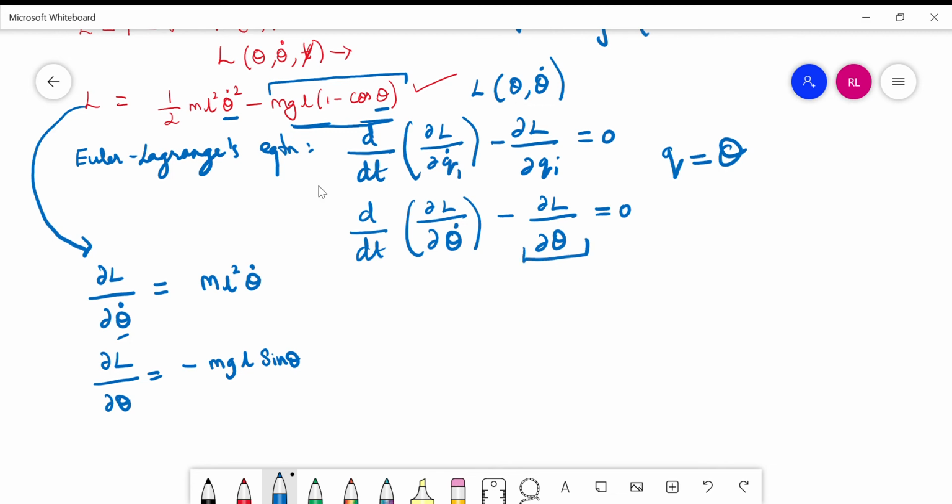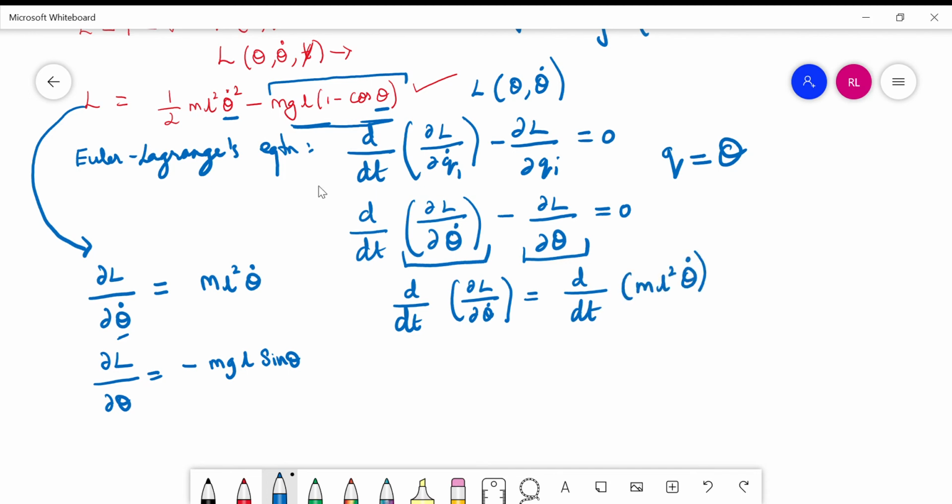We found what ∂L by ∂θ is and what ∂L by ∂θ̇ is, and we have to find d by dt of ∂L by ∂θ̇, which is nothing but d by dt of ml² θ̇.